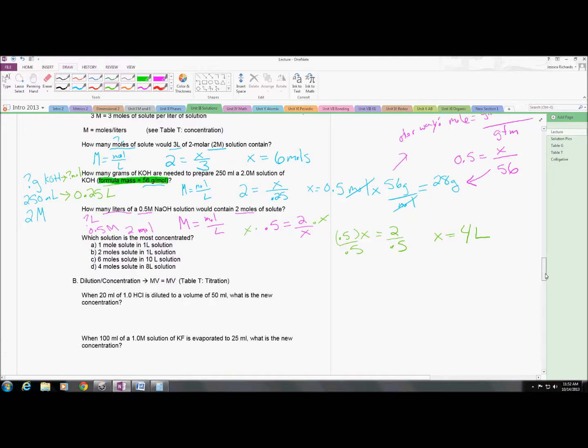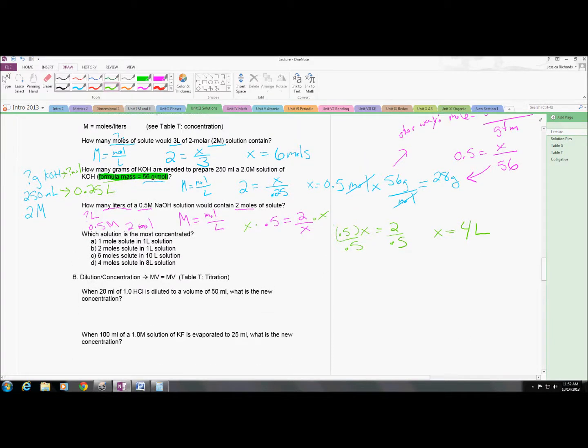Multiple choice questions that you might see with the molarity equation. Which solution is the most concentrated? When you look really quick, you really can't tell. What they're asking you here is what is the molarity of all of these solutions? And molarity is moles divided by liters. So they have this set up really nice.